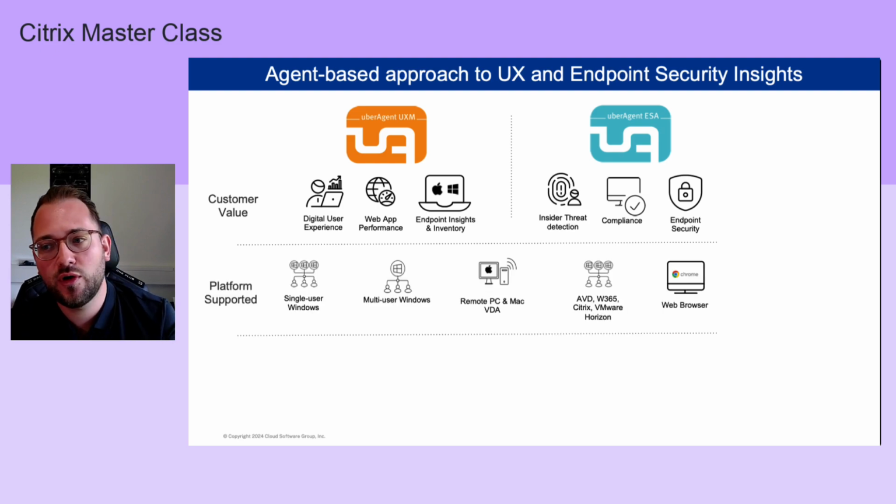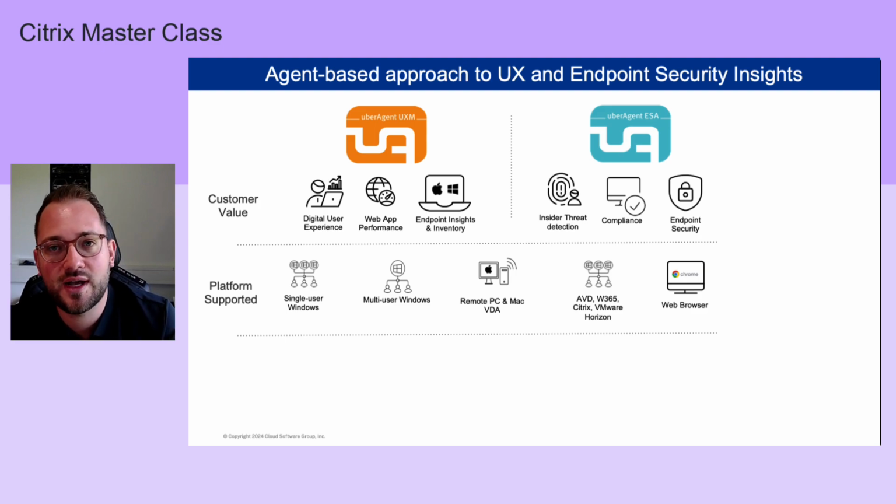When looking at the supported platforms, you can see that uberAgent can nearly be installed everywhere. We're targeting single and multi-user Windows endpoints, remote PCs, and macOS VDAs. And of course, you can install uberAgent on cloud-hosted computers in Azure or AWS. To conclude the platform support, you can install uberAgent everywhere a Microsoft-supported Windows operating system is running or a macOS is installed.